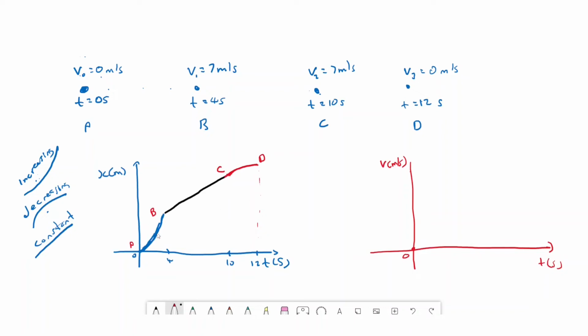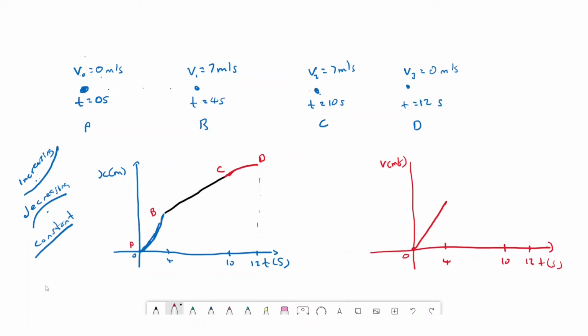We are assuming that it's increasing steadily. Remember I said I'm going to limit these situations, so it's going to increase steadily for 4 seconds, and then this is going to be 10 seconds, and then this is going to be 12 seconds. Then afterwards, what happens? It maintains a constant velocity.